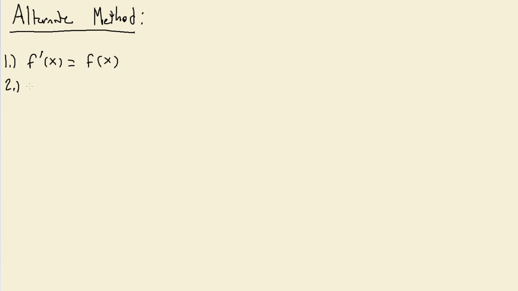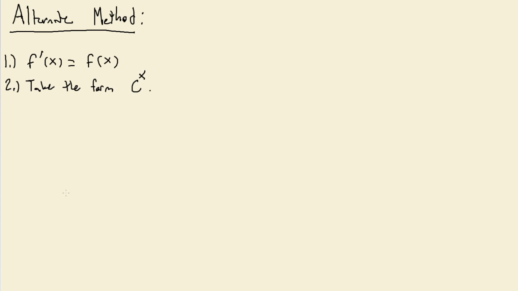We know that this is going to take the form of some constant to the power of x. And so we know that the derivative of this function is going to equal the function itself, and it's going to take the form of some exponential function. And I think with this in mind, we actually have enough information to figure out what this function might look like, where the derivative of itself is equal to itself.